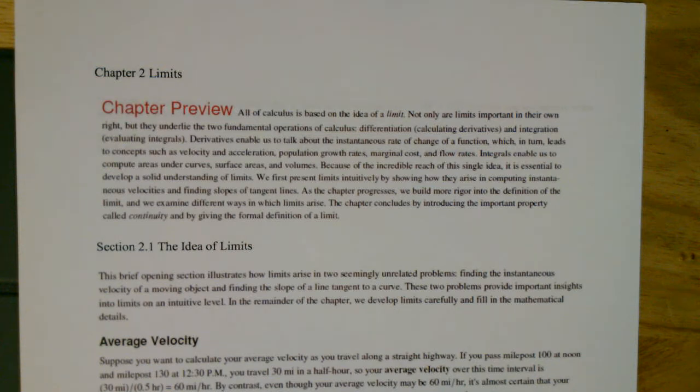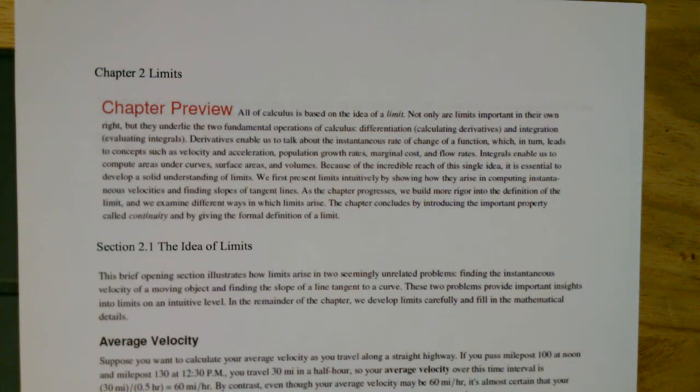In section 2.1, we're going to be dealing with the idea of limits. We'll talk about the average velocity, also the instantaneous velocity, where we're going to come up with the definition of a limit, and also the slope of a tangent line.